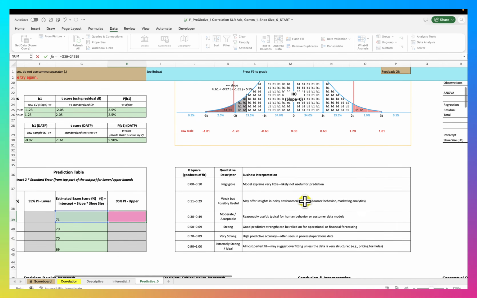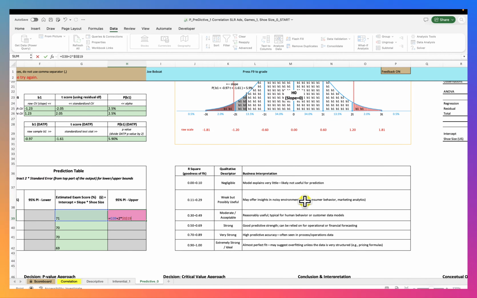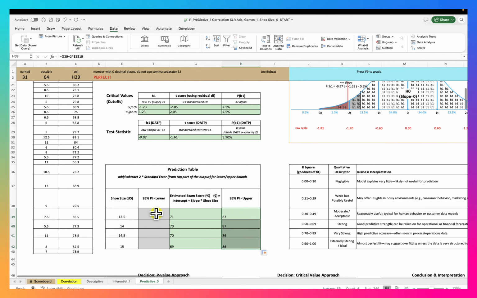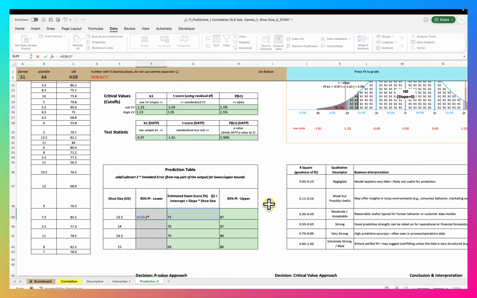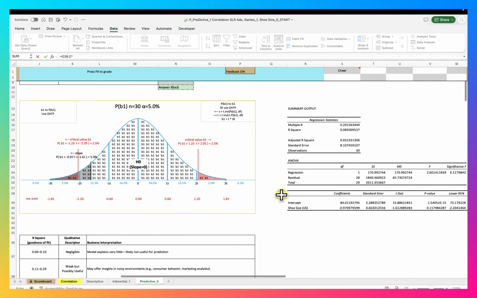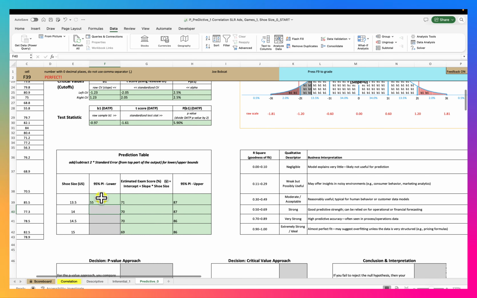So that's the one that we need to use, and lock it. And then copy it down. And over here, we do a similar thing, equals that minus 2 times this locked standard error. Copy it down.